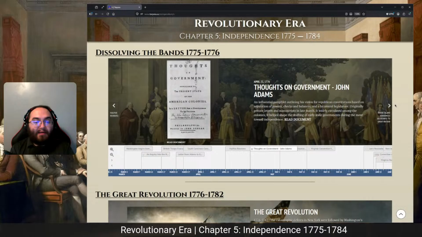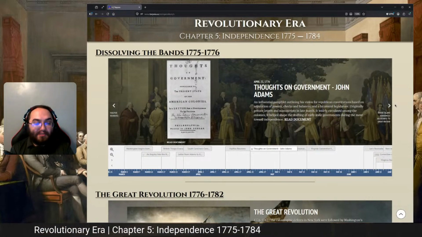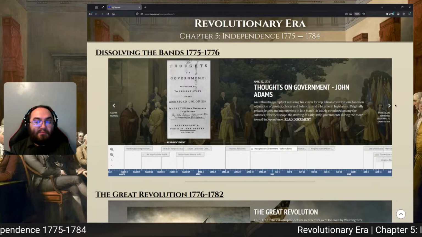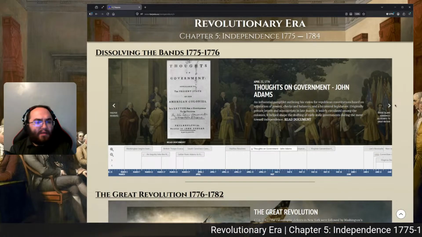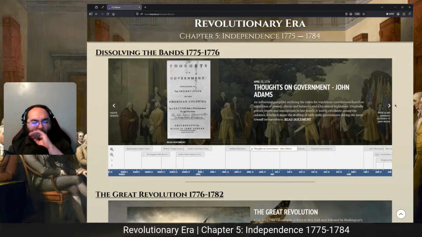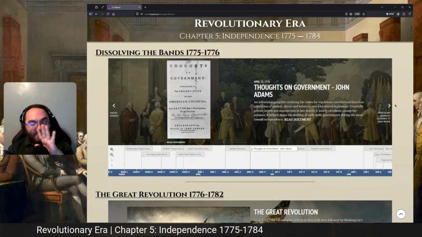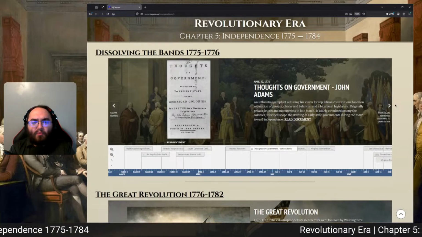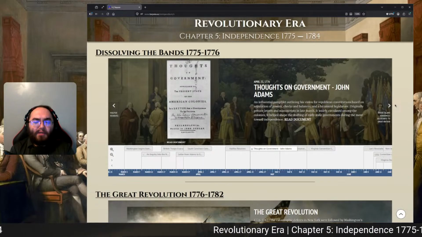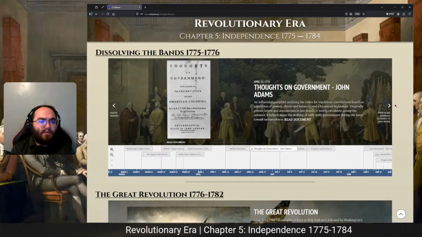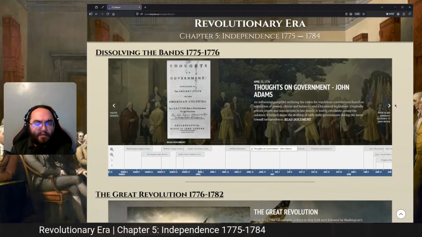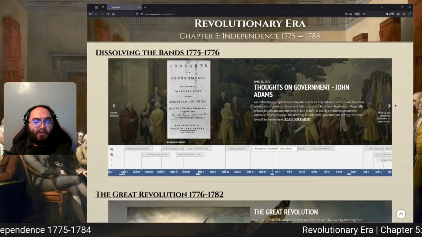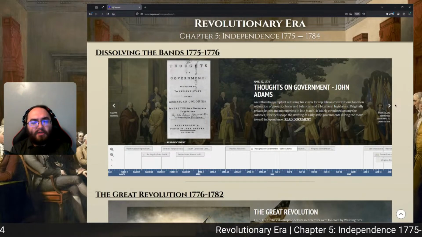Thoughts on Government by John Adams. This is a very, very interesting essay. It's one of my favorite essays, where John Adams is writing on what he thinks the best form of government is, and he's going to advocate for a tri-part government, a legislature, executive, and judiciary, and have a bicameral legislature, and have separation of powers, and a system of checks and balances.